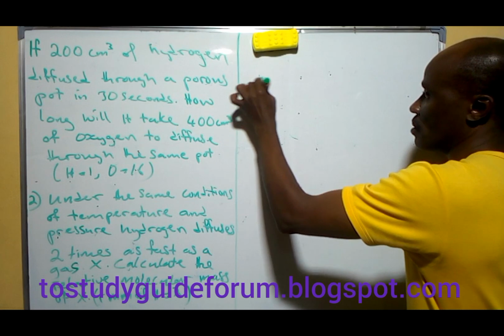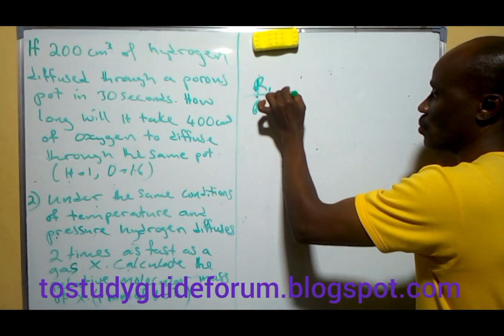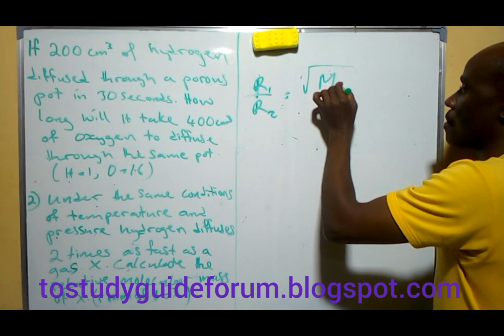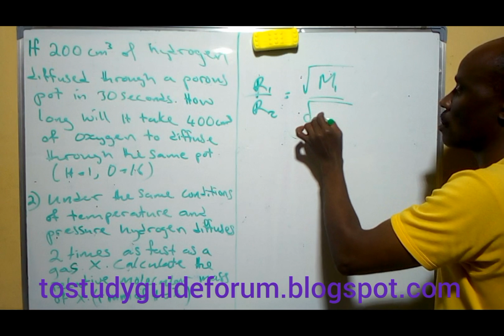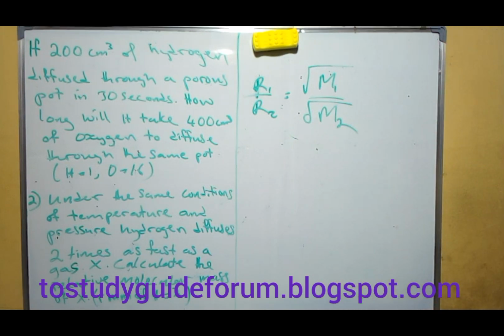Rate of diffusion R1 over R2 equal to root of M2 over M1, so this is what we're going to use.